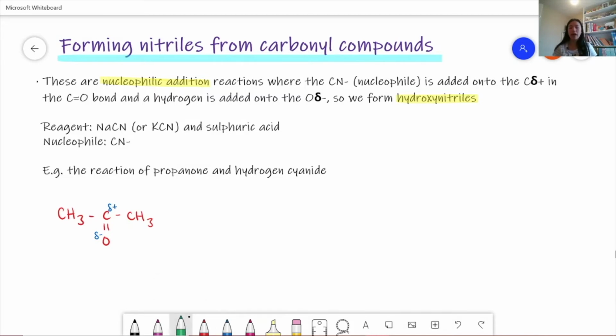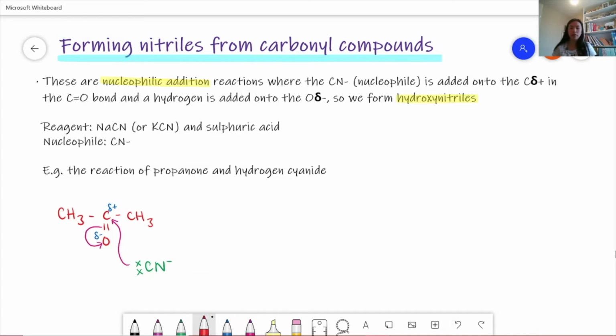And then we have our nucleophile, so this CN- with the spare pair of electrons. And these electrons are really attracted to this partially positive carbon, and so they move towards this carbon and attack it. And then what happens is that the electrons from this bond then move towards this oxygen.